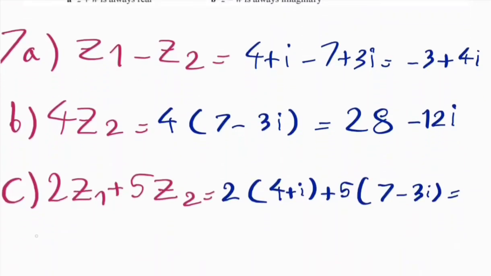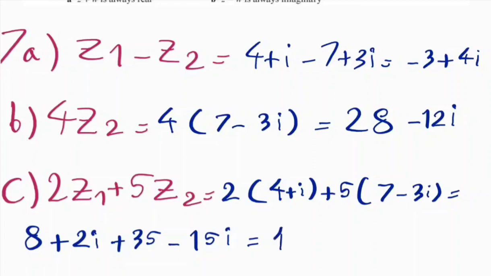That is 2 times 4 is 8 plus 2i, and then the second bracket, 5 times 7 is 35, times minus 3i, it's minus 15i. Now the real parts are 8 and 35. 8 plus 35 is 43, and the imaginary parts are 2i and minus 15i, which gives us minus 13i.